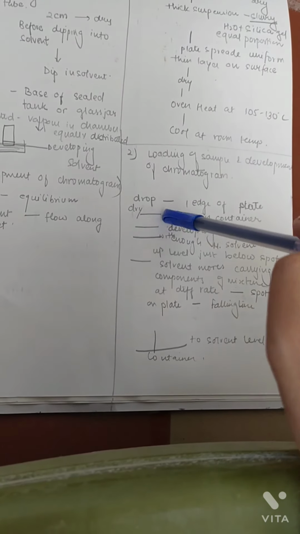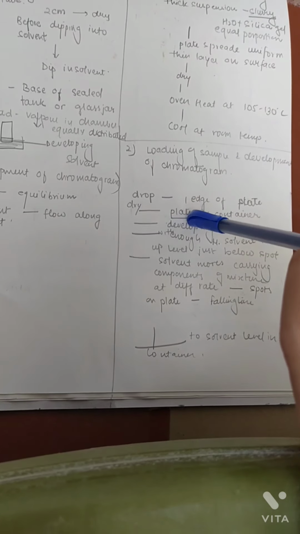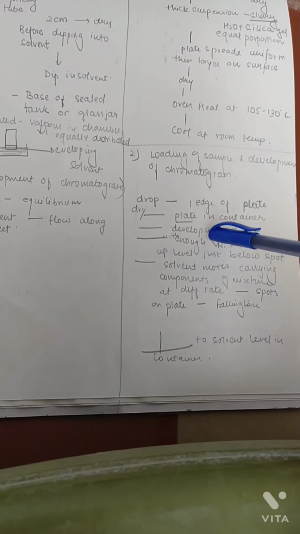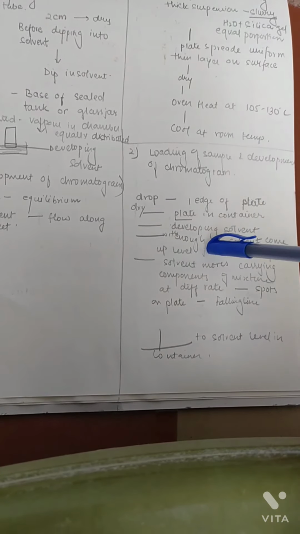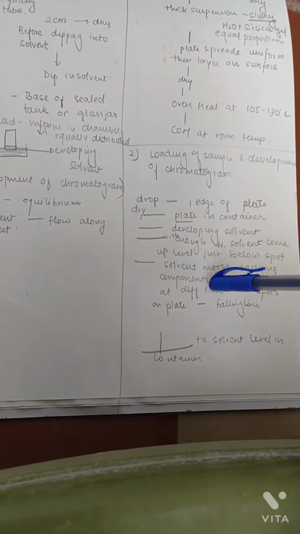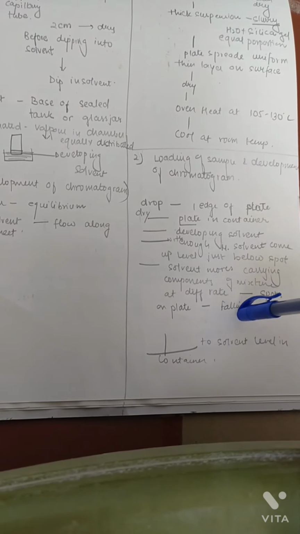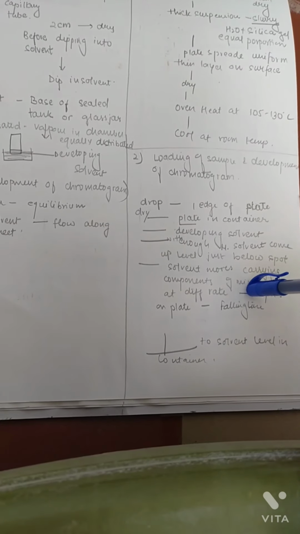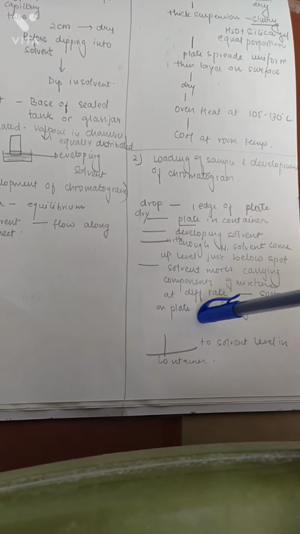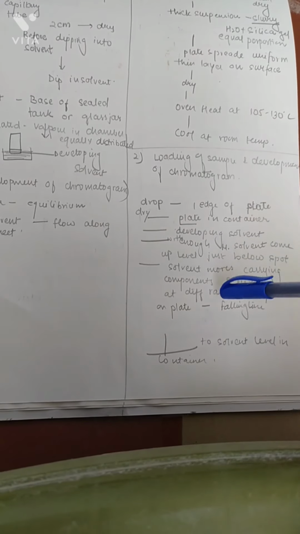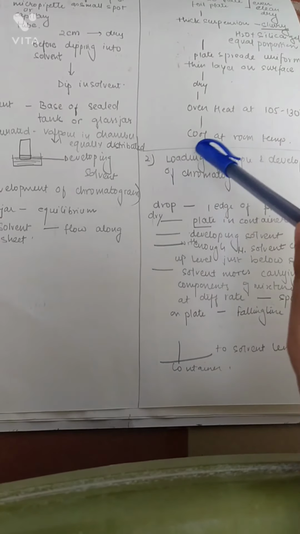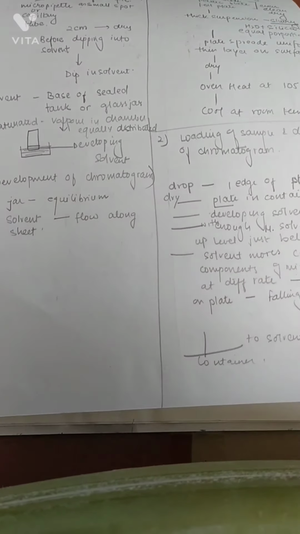Let's quickly summarize: we apply a drop of the sample, then dip the plate in the developing solvent in the jar, as I mentioned earlier, and wait for the development of the chromatogram. Then we observe spots on the plate, and this gives us the result of our thin layer chromatography.